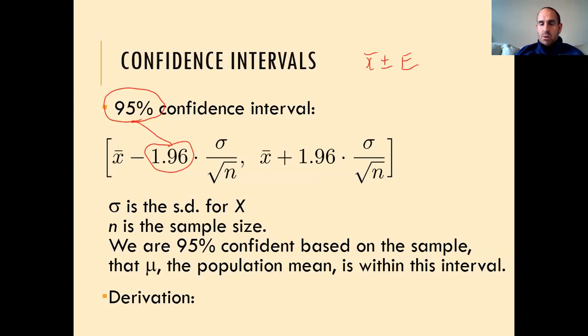And next time I'm going to show you where this formula came from. Not surprisingly, the formula comes from the central limit theorem. So the derivation of this is going to involve the central limit theorem in all of its glory. All right, I'm going to pause it here, and that is going to be all for today.